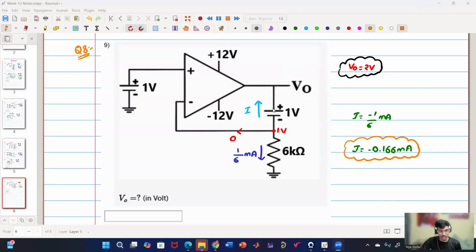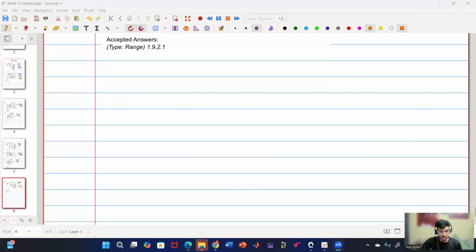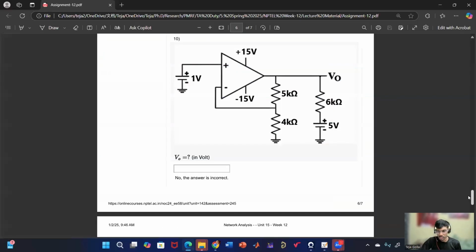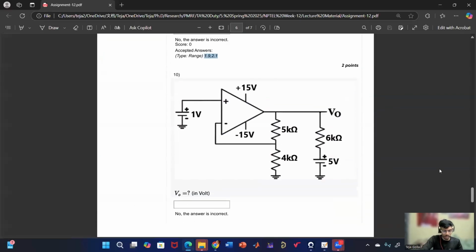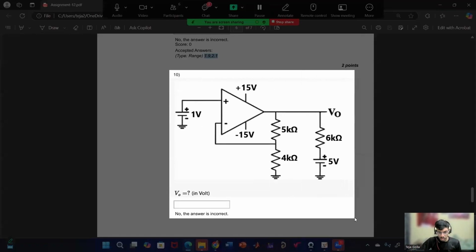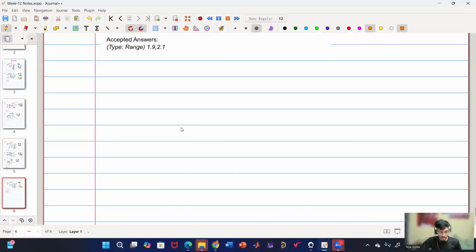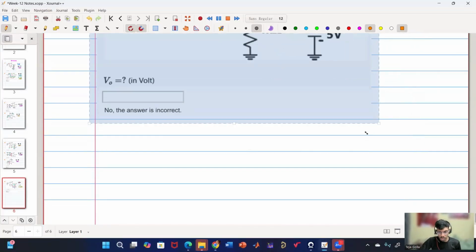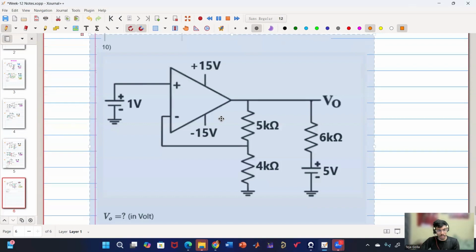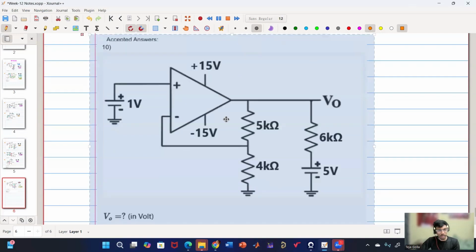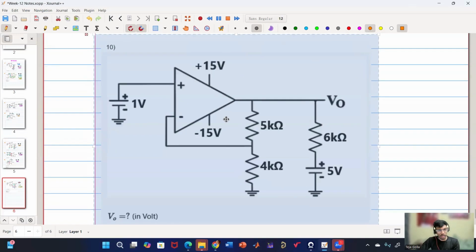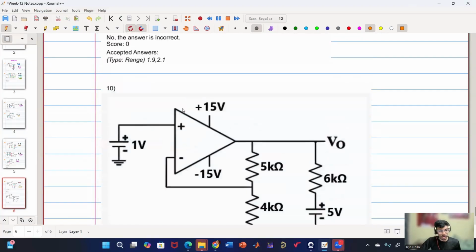Yes. Okay. So let us solve one more problem. This problem. Okay. So in this problem, how to solve for V naught? This will be our problem 9.